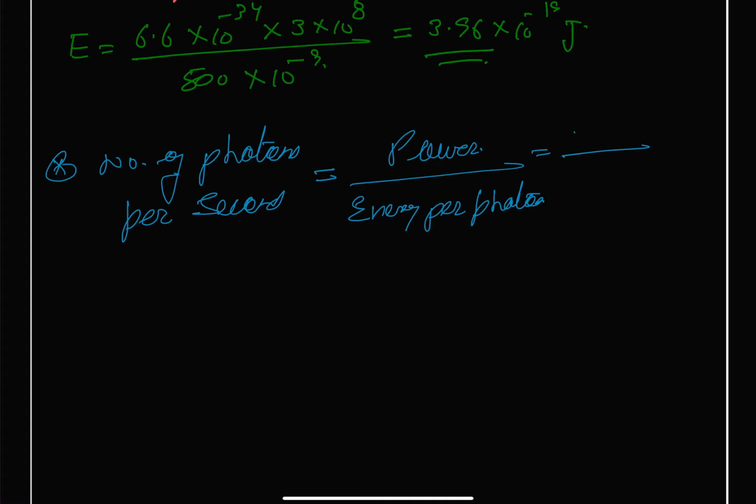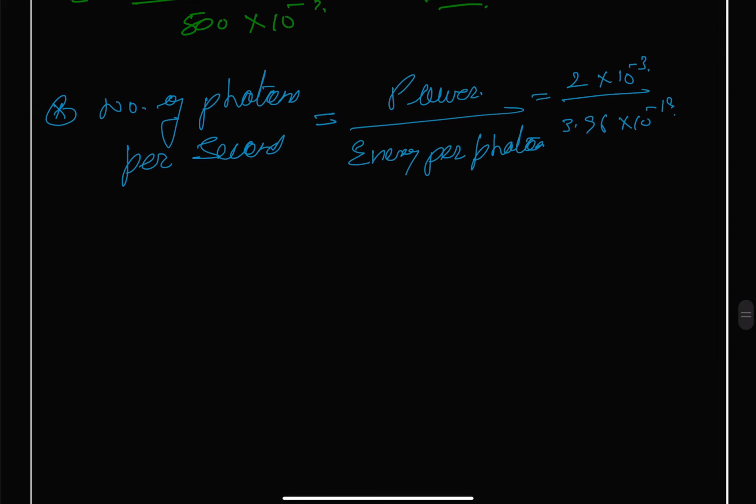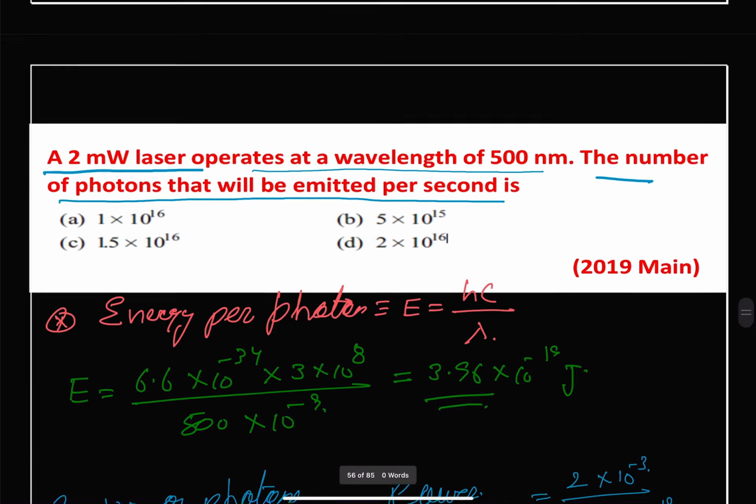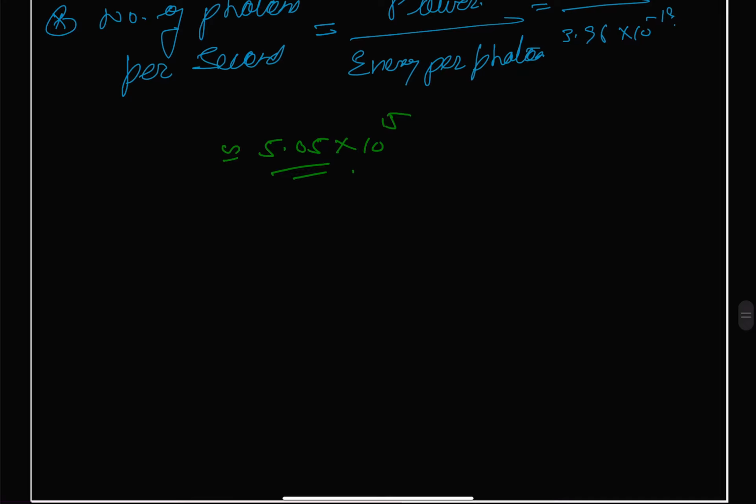So we get 2 milliwatt, 2 into 10 to the power minus 3, divided by 3.96 into 10 to the power minus 19. So we get approximately 5.05 into 10 to the power 15. So we can say option B is correct. Next question.